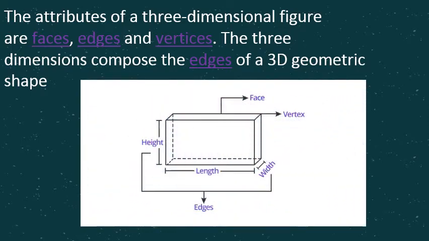If we look at the picture, we see that height, length, and width make a 3D shape, but also that all three of those are the edges. Okay, so you need the height, the length, and the width to make an edge, and then you get the face and the vertices.